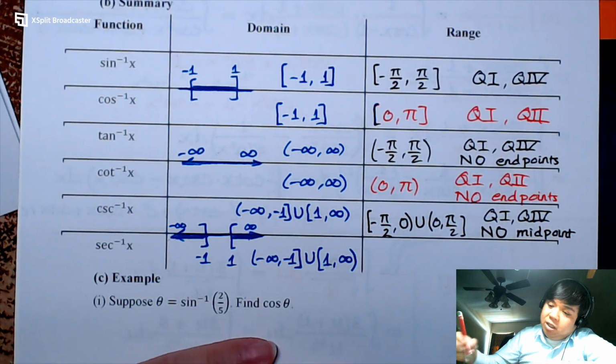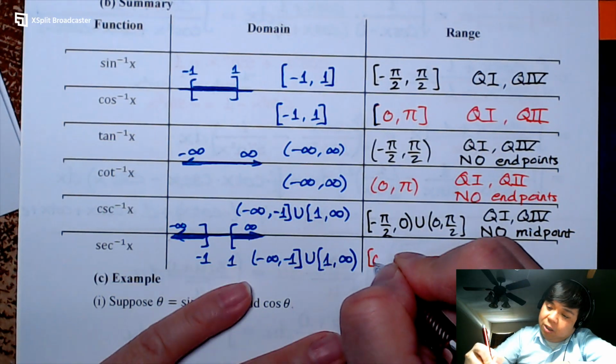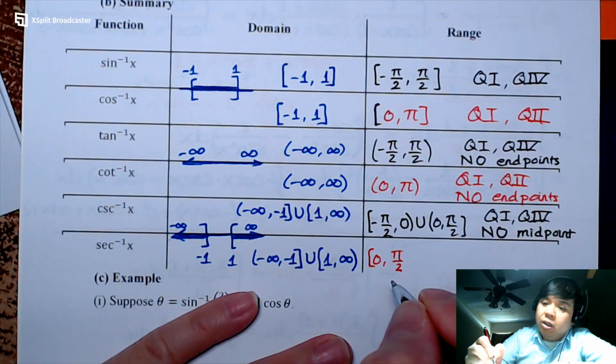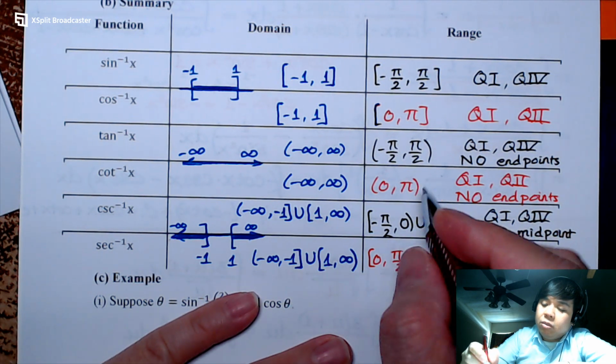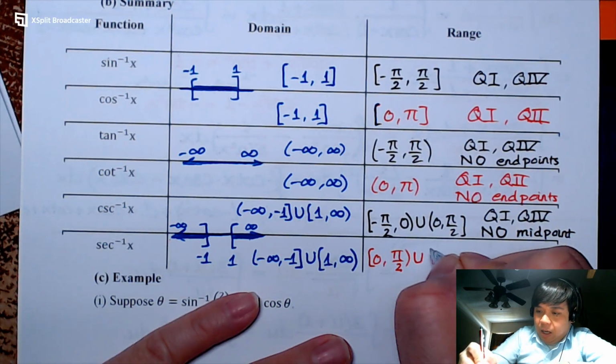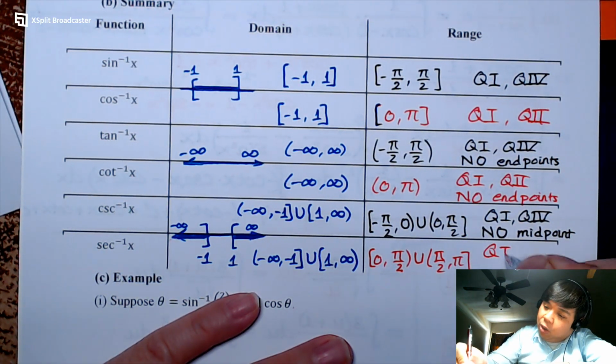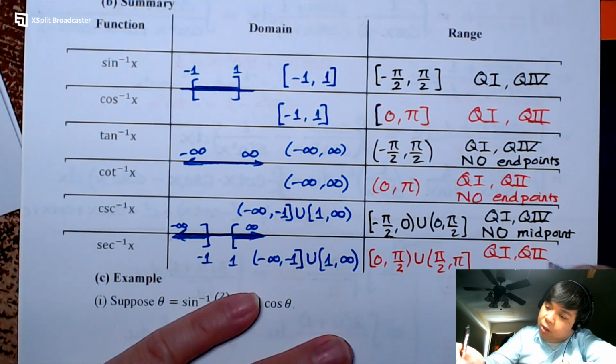And the other one is 0 to π/2 and π/2 to π, Q1 and Q2, no midpoint.